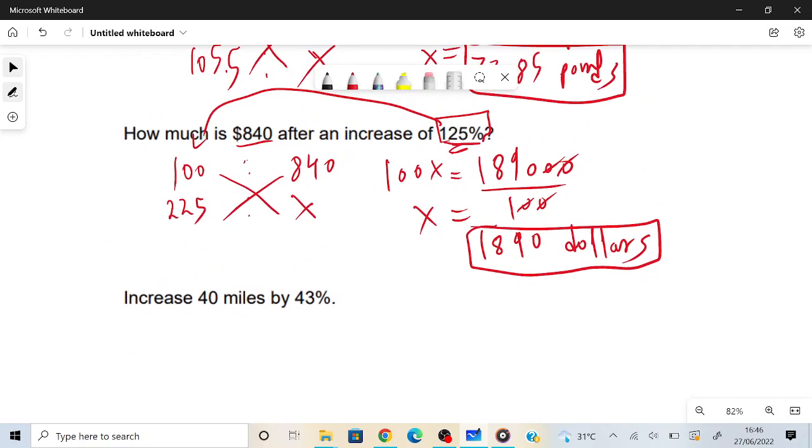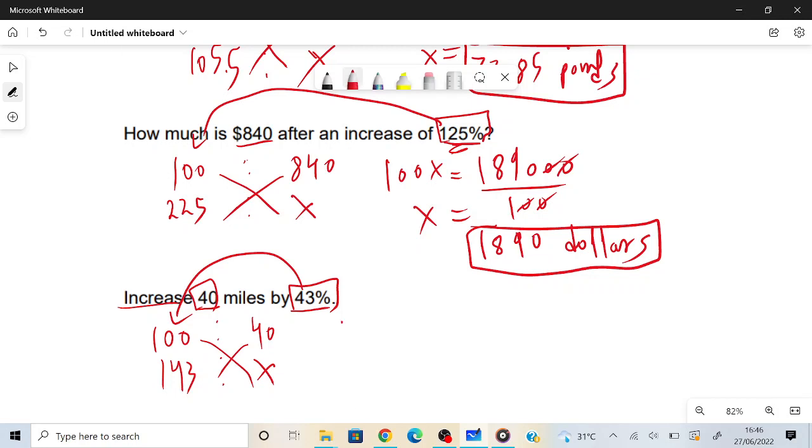It says increase 40 miles by 43%. So basically we have 40, and that's untampered, at 100% we have 40. Now it said increase it by 43%. So all we will do now is add this 43 to 100. That's 143, and we're solving for x.